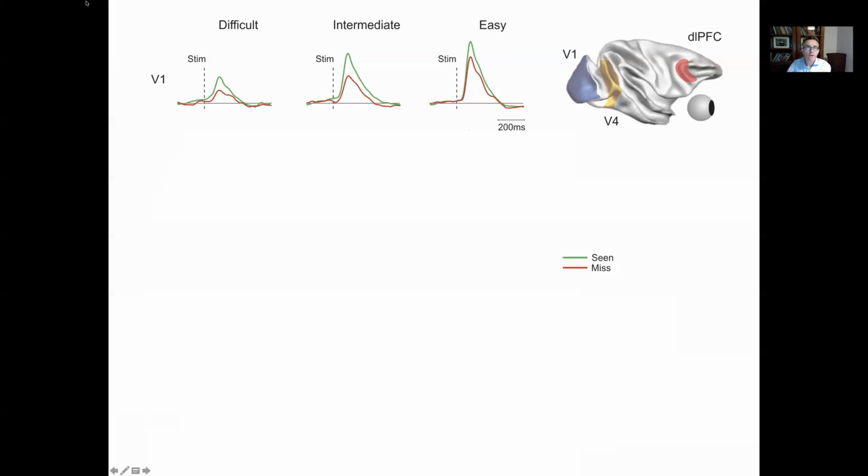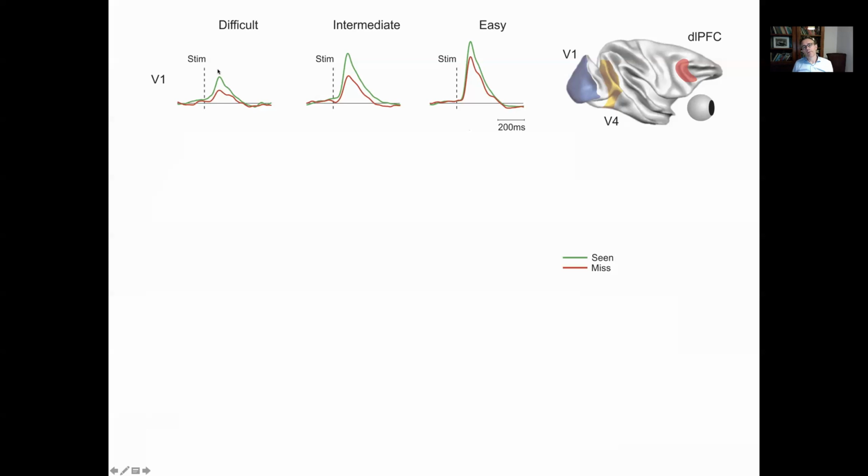You see that there is also quite a big difference in the strength of the response elicited by intermediate stimuli, but you see that the fractional difference actually becomes smaller for the easy trials. And what is interesting too is that the strength of the response on missed easy trials, that's this red peak here, is actually at least as strong, even stronger than the response elicited by the seen stimuli on difficult trials.